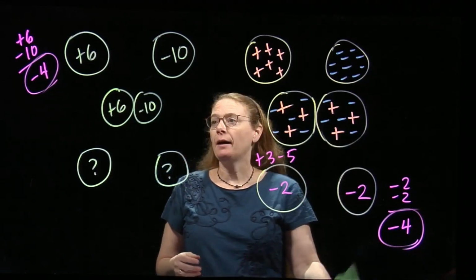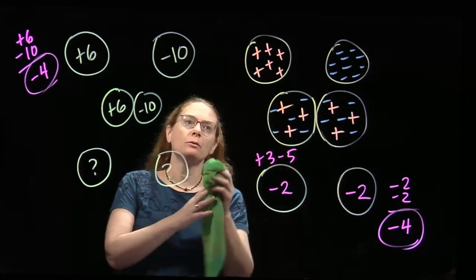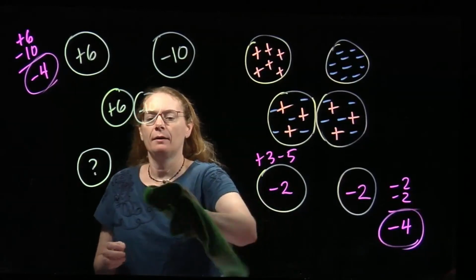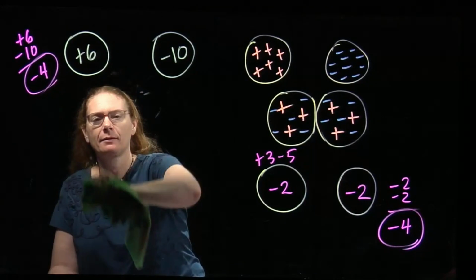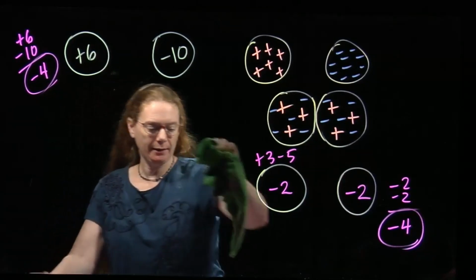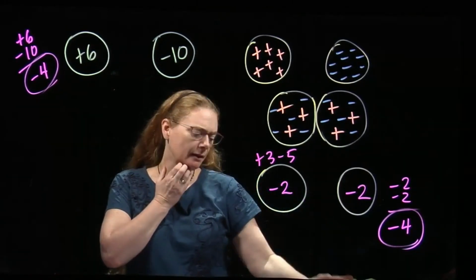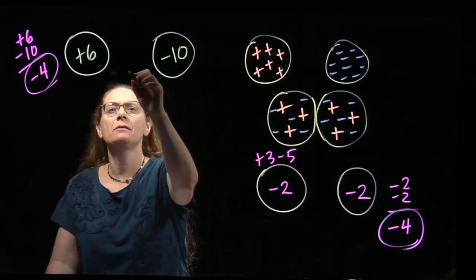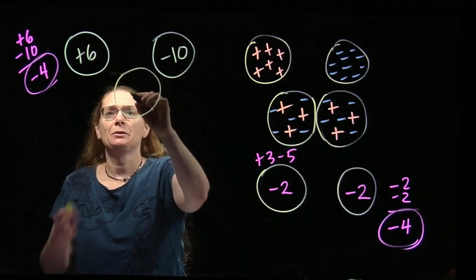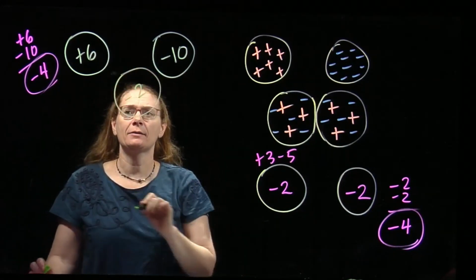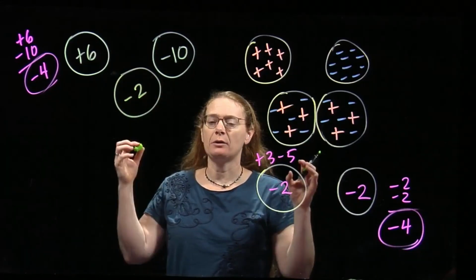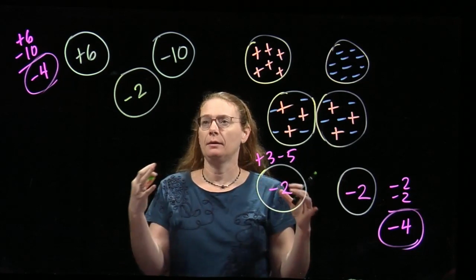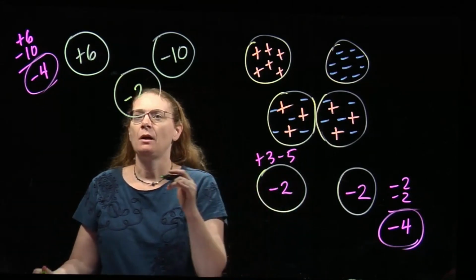So if I had, let's see if I can do the math real quick. Should have come up with something to do beforehand instead of doing this off the top of my head right now. A +6, a -10, and let's do a -2, I guess. So what would we have if we touched all these 3 together and then separated them out again?